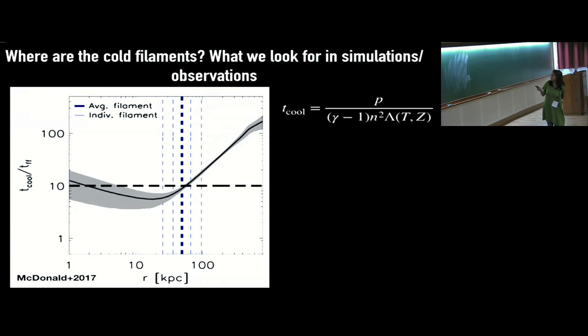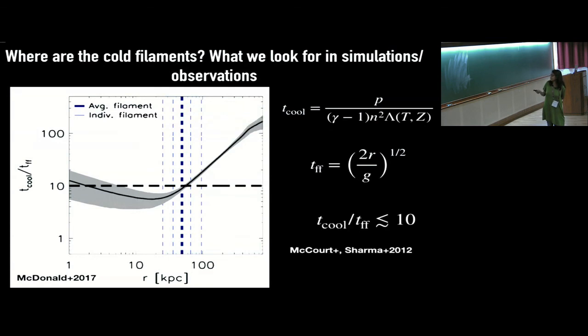So basically, cooling time, I'm showing this again, is just calculated as energy divided by the cooling rate, and freefall time is just the freefall time in presence of only gravity. And previous simulations have talked about a threshold value of this.